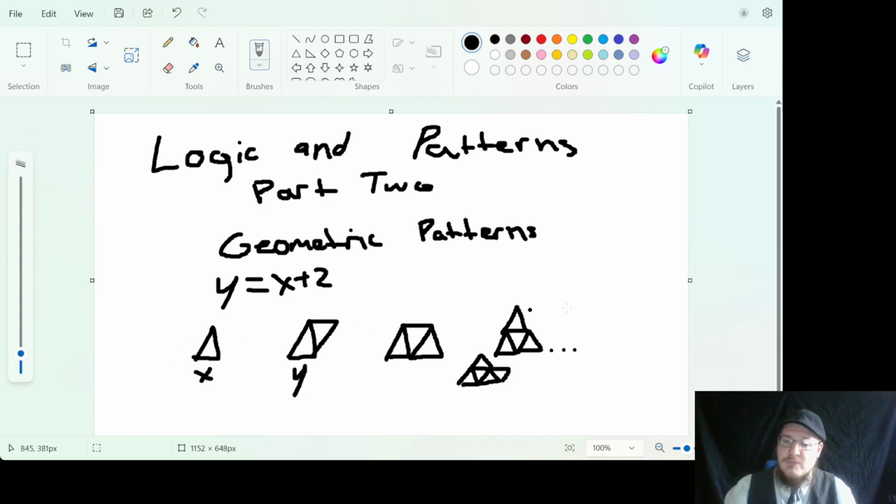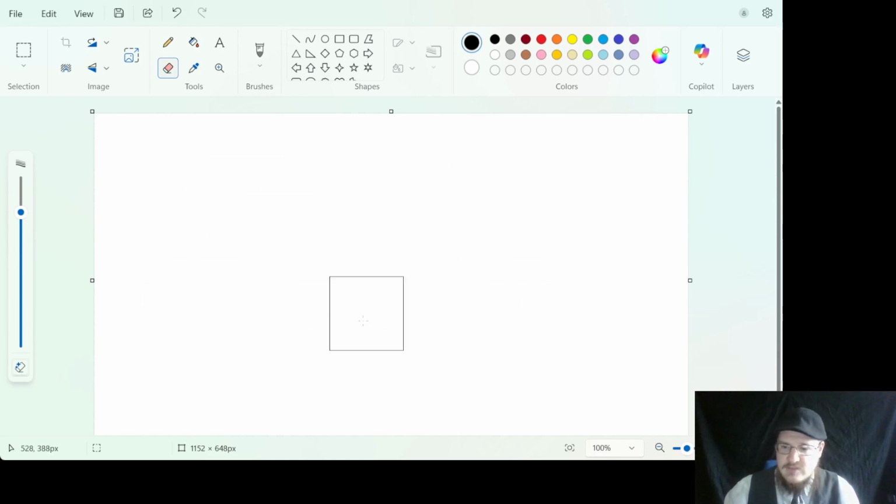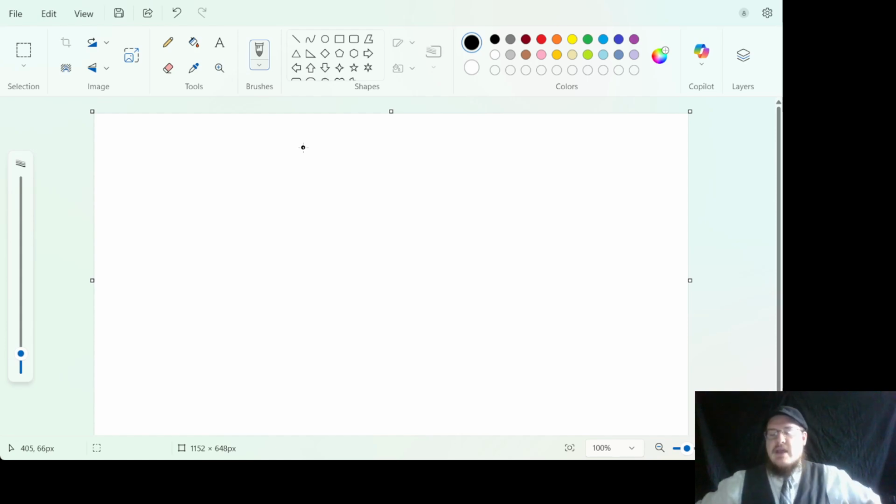Short little sentence to explain what we are doing with our pattern. So make this big. Erase this. Now this one should go pretty quickly because we're not having to solve for certain values.